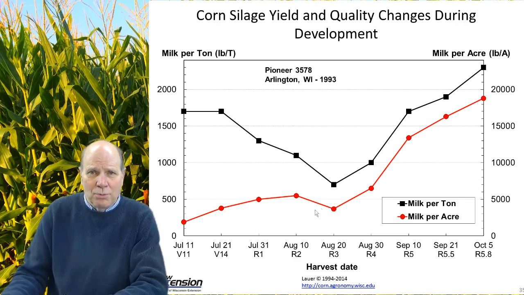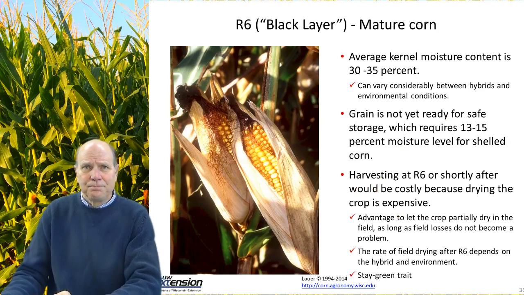If you look at overall milk per acre, which is the economics side of corn silage production, we're at our best milk per acre as we get closer to maturity. So again, we can use this as we try to manage corn and corn silage and make decisions once harvest time comes as to which fields might be good candidates for grain or for silage.